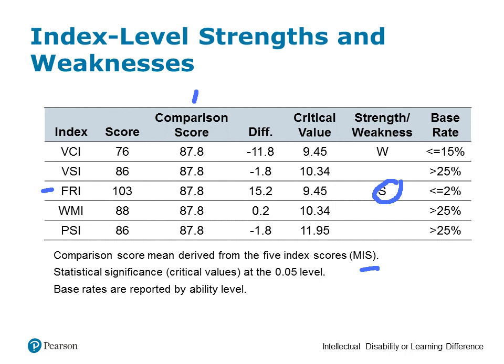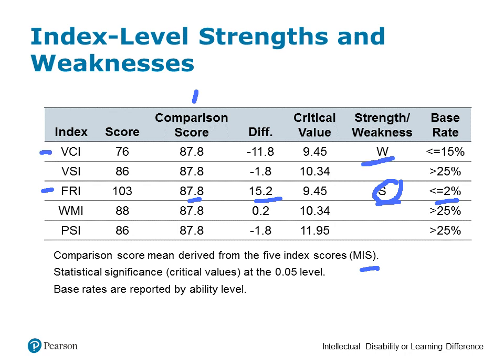Compared to that, the mean for the 10 subtests that make up the 5 primary indices, the mean of 87.8, fluid reasoning is a relative strength. A difference of this magnitude is statistically significant as well as clinically significant, and verbal comprehension is a relative weakness.